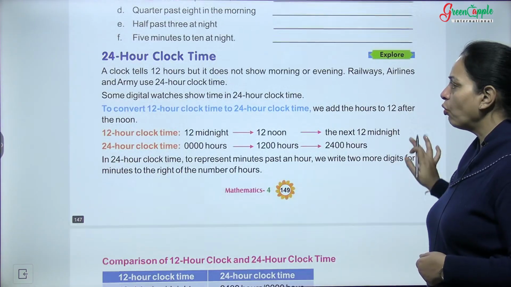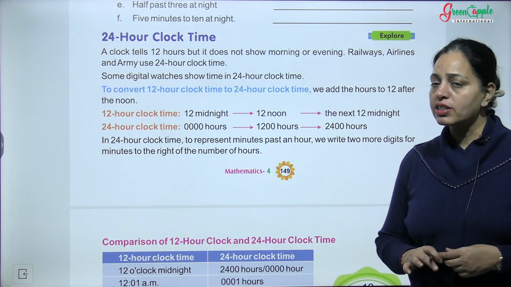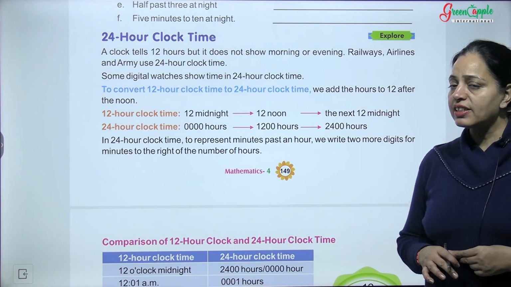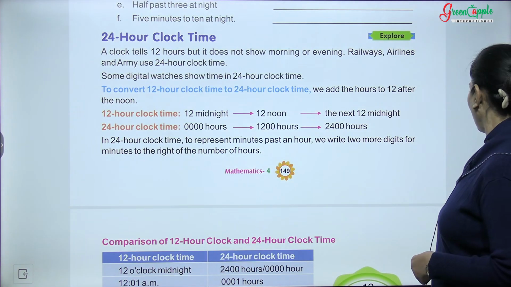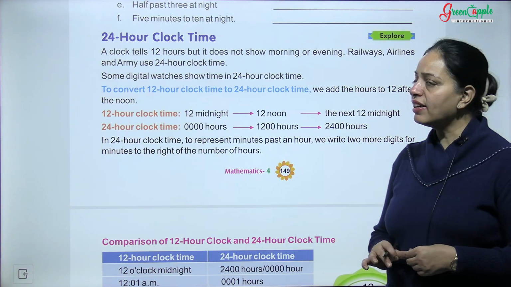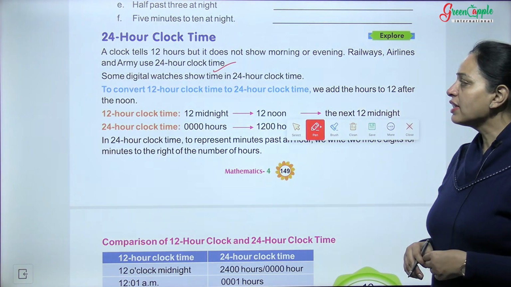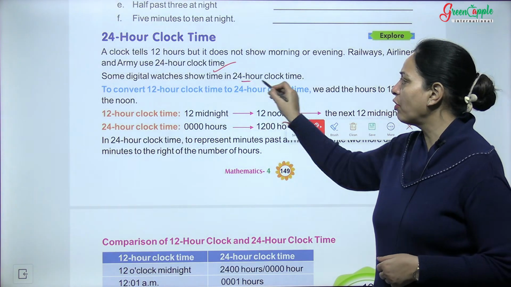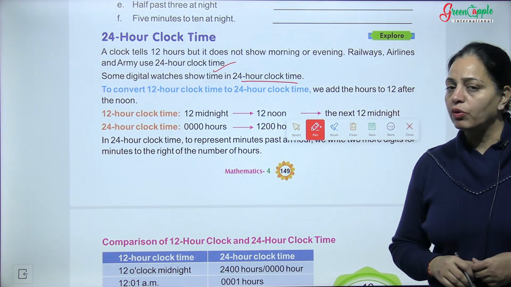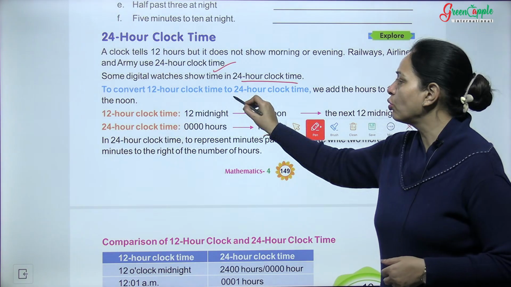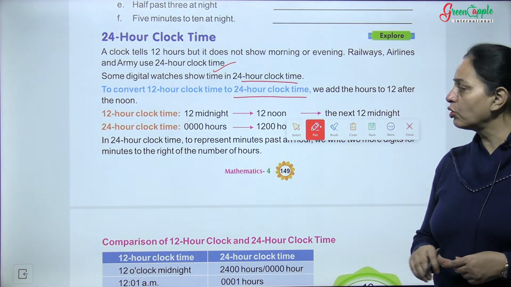Now come to 24-hour clock time. A clock tells 12 hours, but it doesn't show morning or evening. Railways, airlines and army use 24-hour clock time. Some digital watches show time in 24-hour clock time. To convert 12-hour clock time to 24-hour clock time, what to do?